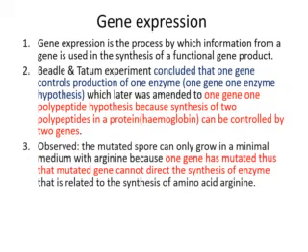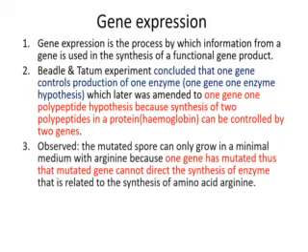Now, in the Beadle and Tatum experiment, they observed that the mutated spore of Neurospora crassa can only grow in a minimal medium with arginine, because one gene has mutated.